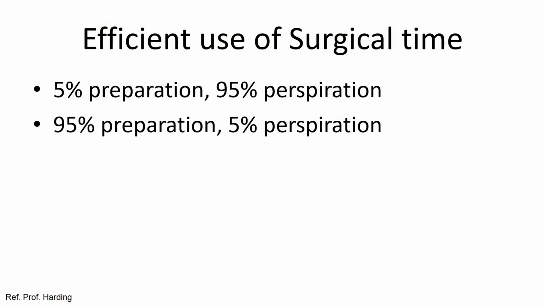So at this juncture, I'm going to go back to my saying, which is 95% preparation, 5% perspiration. Why do I say this in this instance? Well, it's to do with surgery setup and how you organize yourself.